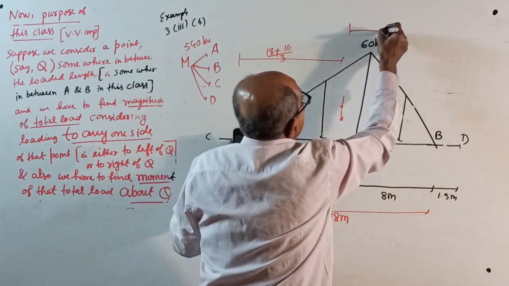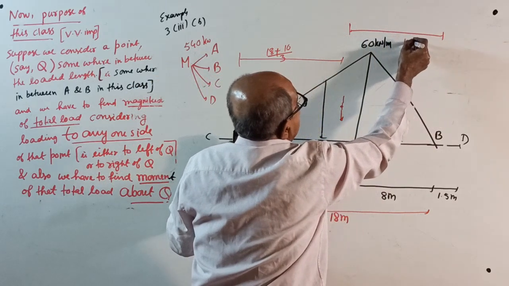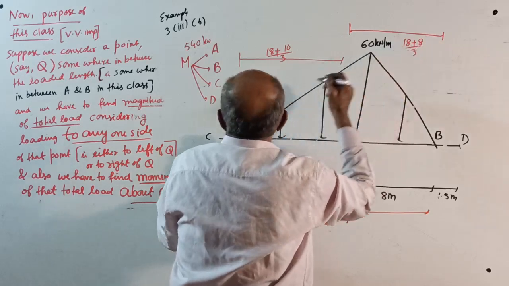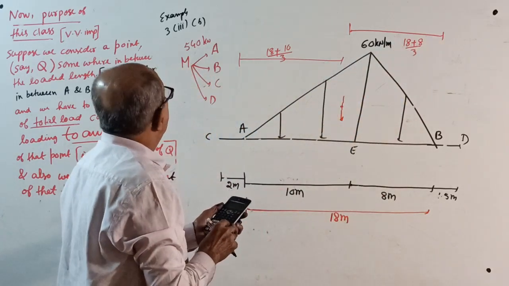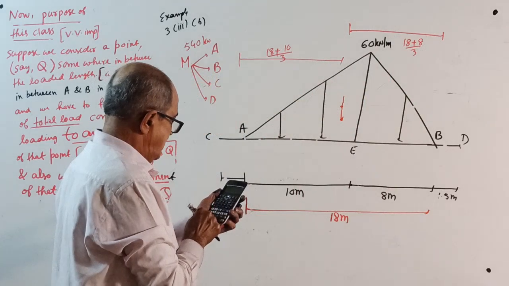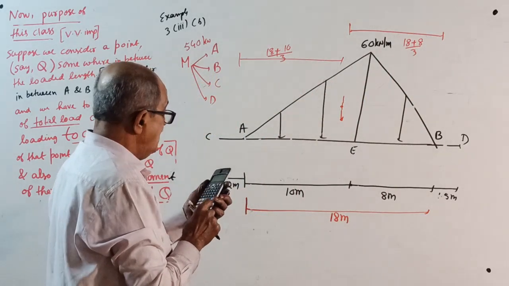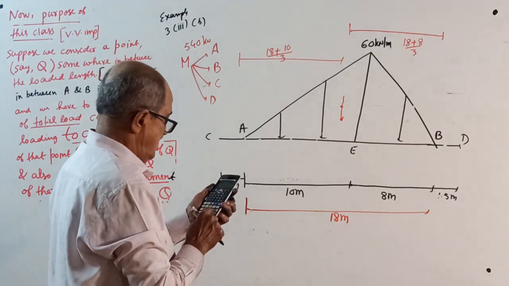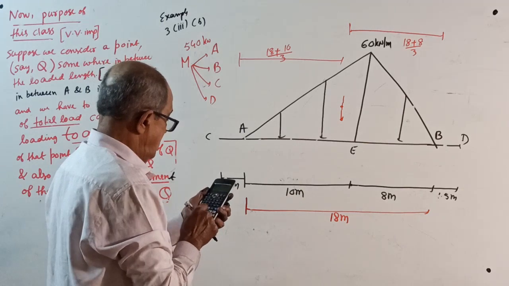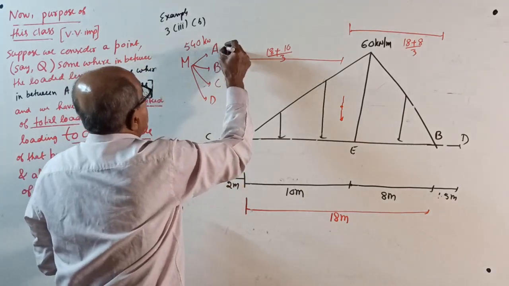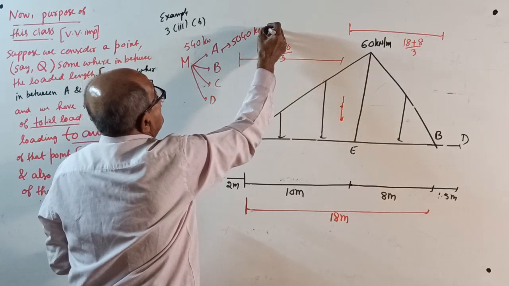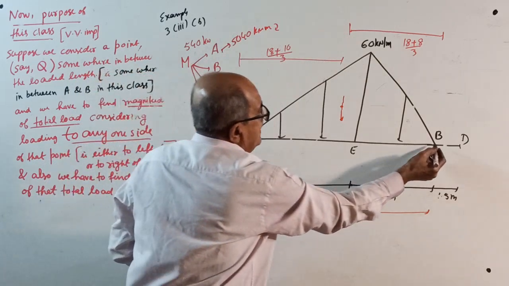If I write from that side, that will be 18 plus 8 divided by 3. This is all I told you. So calculate moment about A. Total load is 540, correct? Half into 18 into 60 is 540. 18 plus 10 divided by 3 into 540 is 5040. 5040 kilonewton meter clockwise. Moment about B.